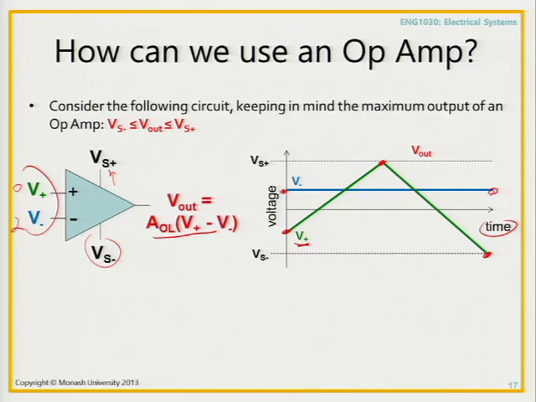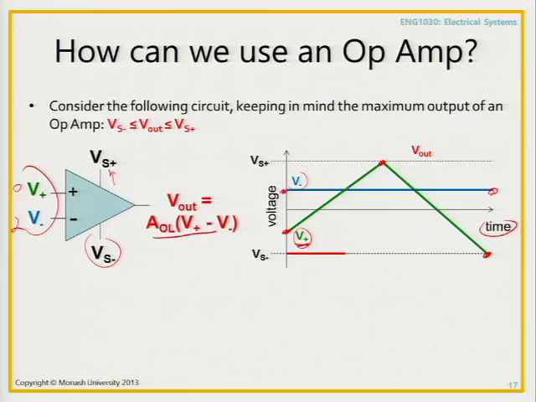Well, if those two values of voltage were connected to the op amp, then what would happen? Well, the output voltage, which I've put in red, would, in this case over here, be just the minus supply voltage, because over here, V minus is bigger than V plus.